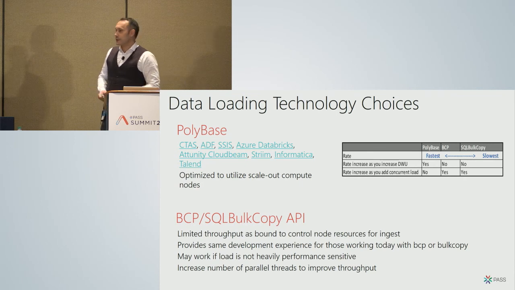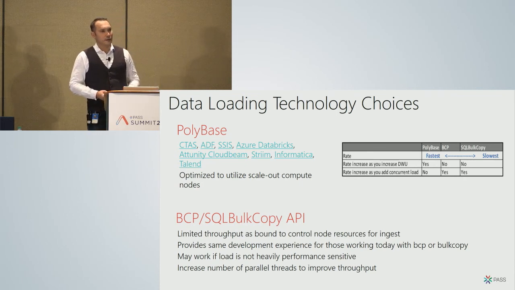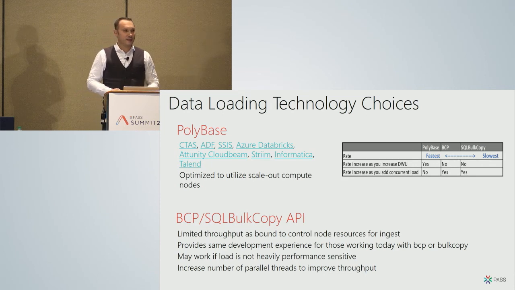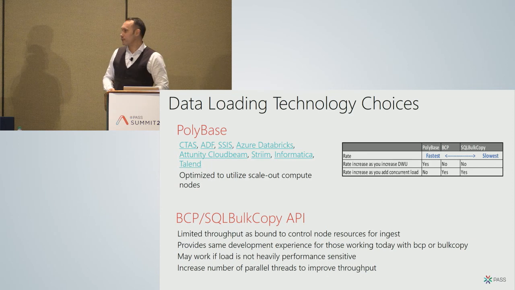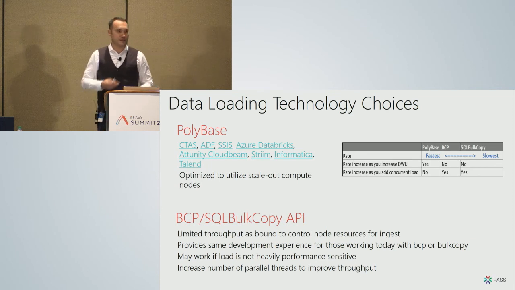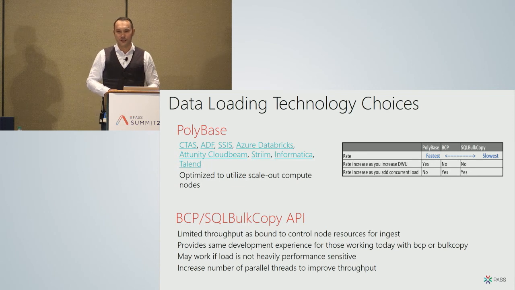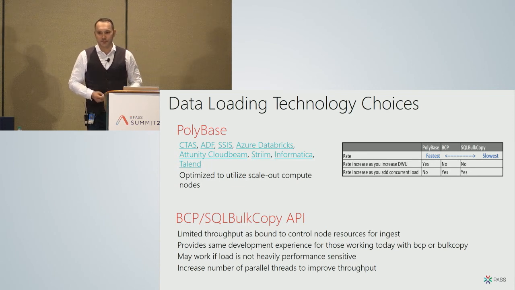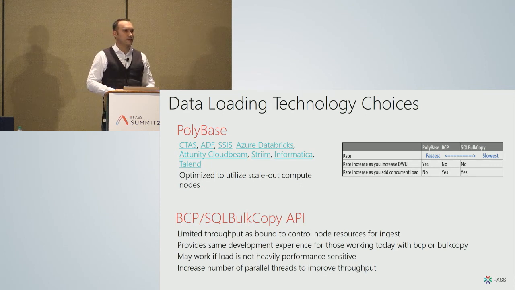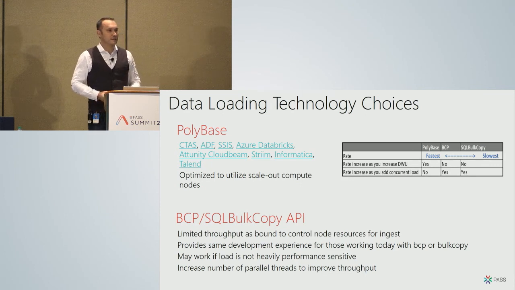Now, about data loading options in the data warehouse, I would start with Polybase. From what we have seen so far, Polybase is probably the best option. It's the fastest option we have today. And Polybase is integrated in multiple different tools. A lot of people probably use SSIS, right?